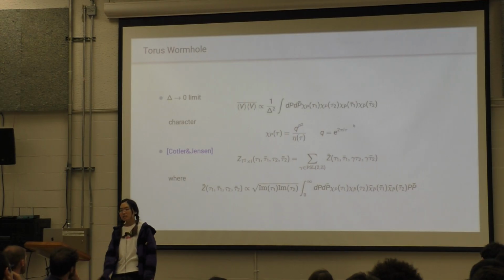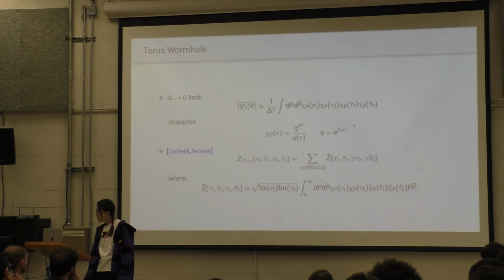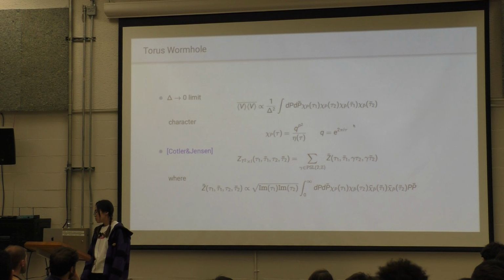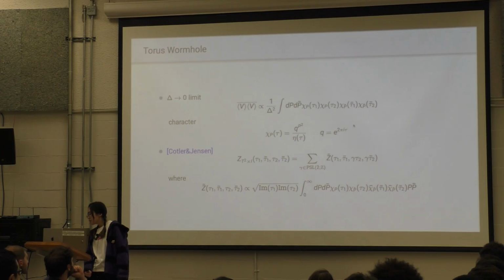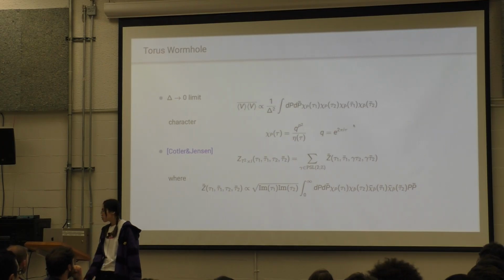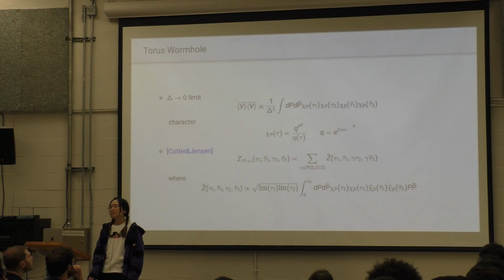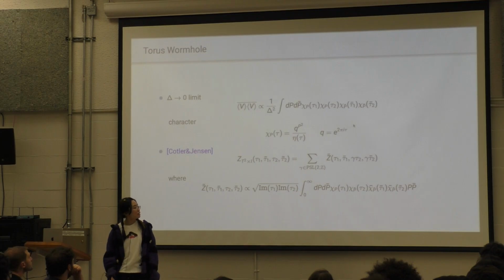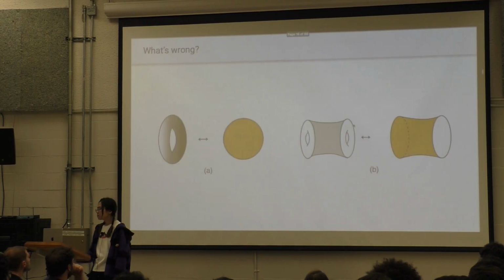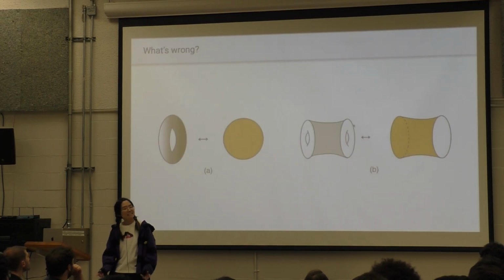However, this doesn't completely agree with Collier-Jensen's answer. In their answer, they have a sum over this mapping class group, and the summand is an integral over 4 characters, but also multiplied by this p p-bar. So we are missing this factor of p p-bar. So what is wrong with that?